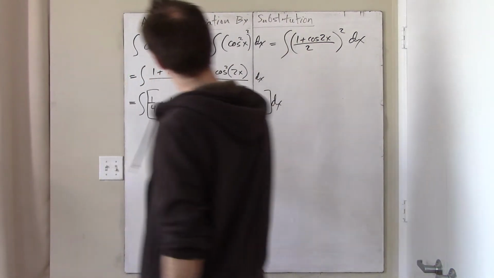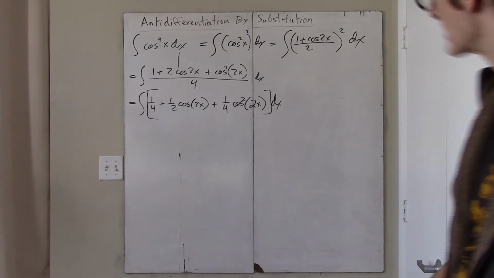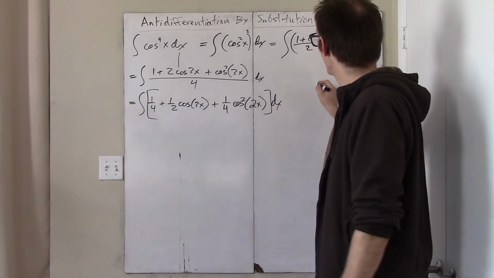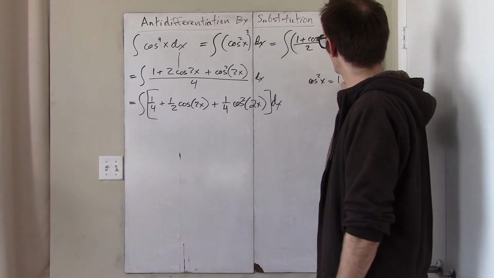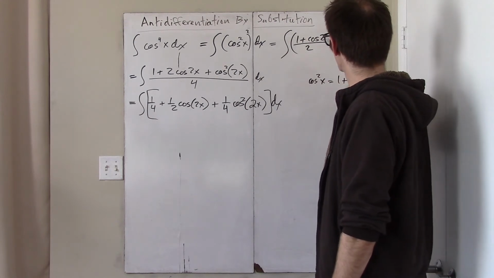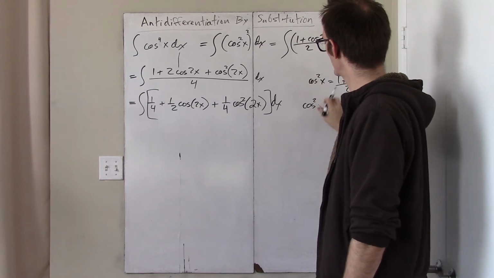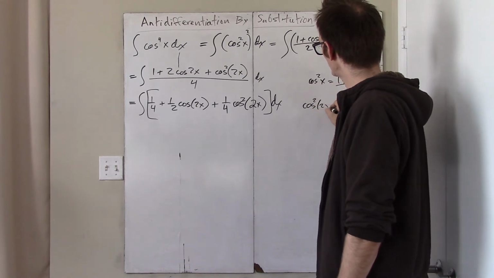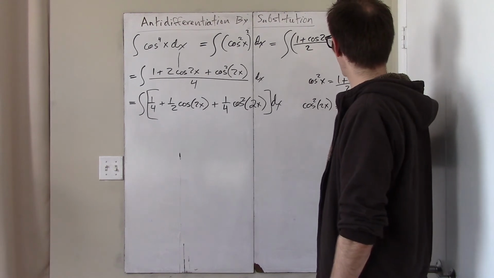But now I do the only thing I can do, which is reduce the power yet again. If cosine squared x is (1 plus cosine 2x) over 2, then cosine squared 2x is (1 plus cosine 4x) over 2.